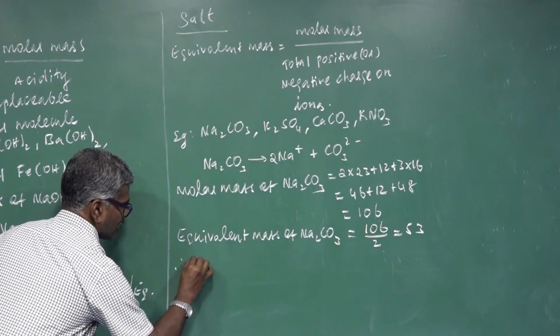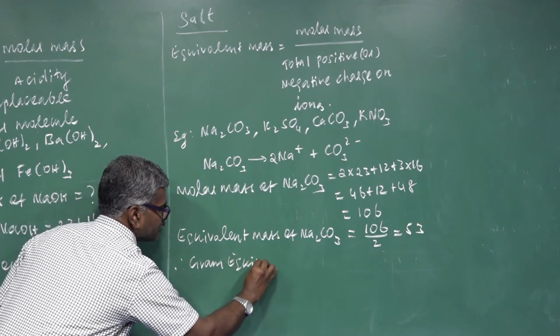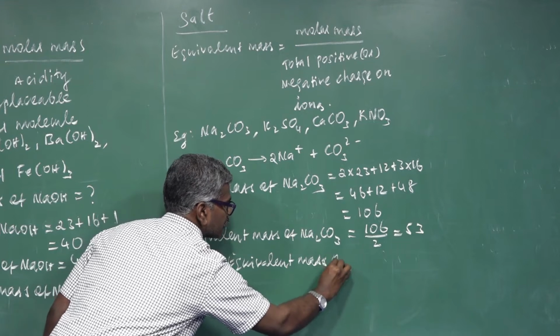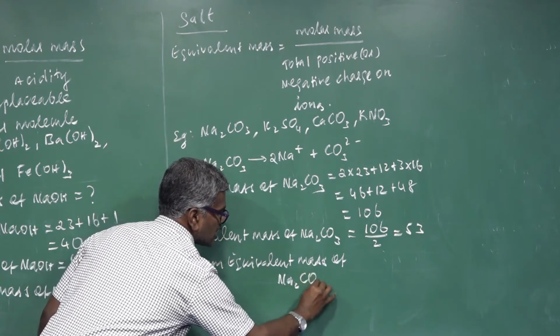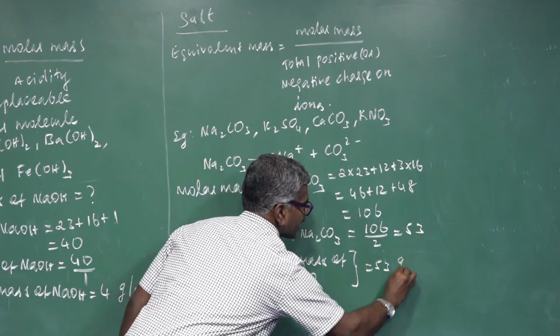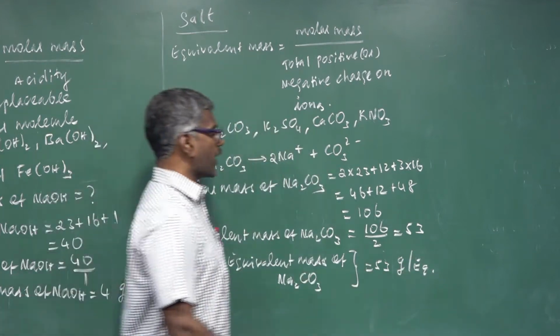That is gram equivalent mass of sodium carbonate, Na2CO3, 53 gram per equivalent. Next, ions.